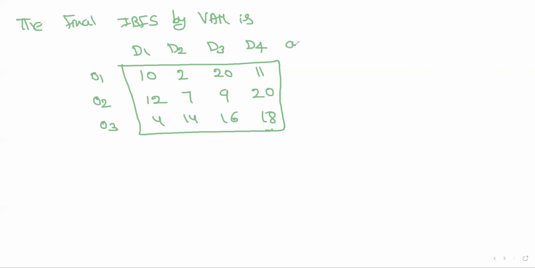Here we have available, and here we have requirement: 5, 15, 15, 15. And we have 15, 25, 10. Totally how much you have? 50 is there, both the available and requirement. So I go back here.